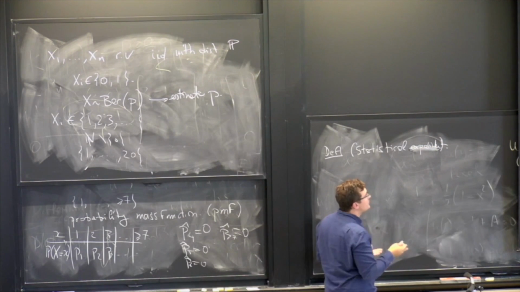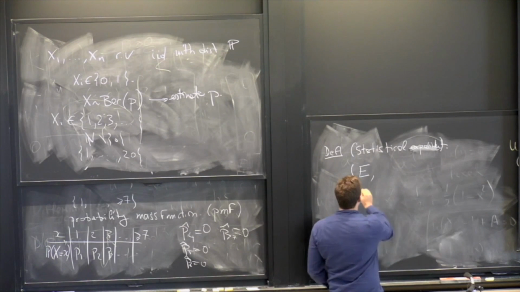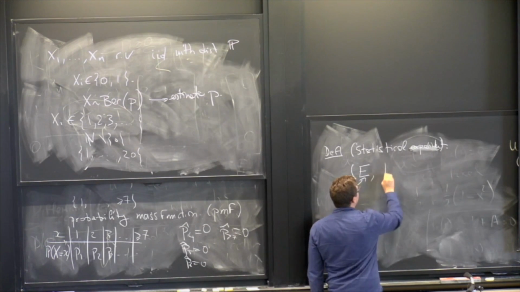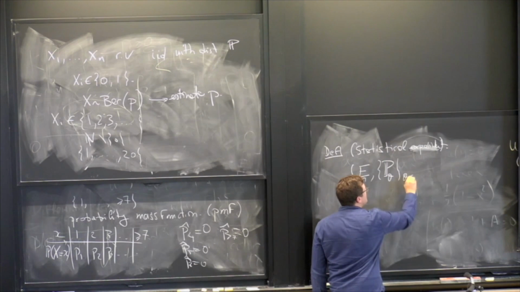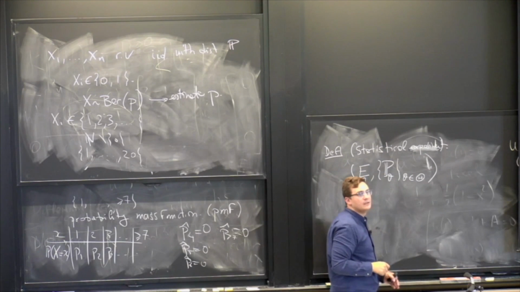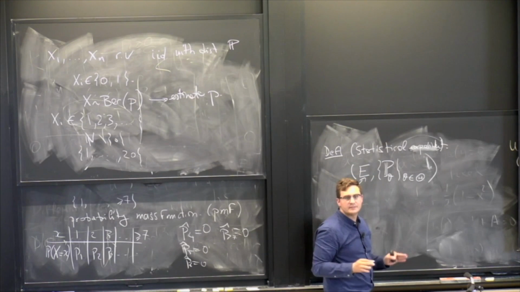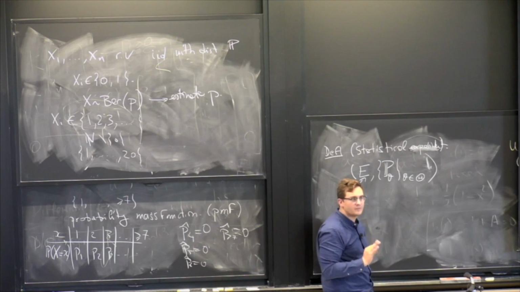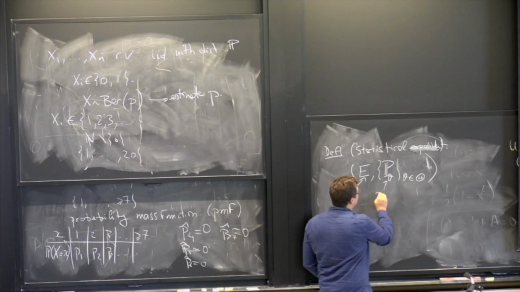Okay, so a statistical experiment is actually just a pair, E, and that's a set, and a family of distributions, P theta, where theta ranges in some set capital theta. Okay, so I hope you're up to date with your Greek letters. So it's a small theta, it's a capital theta. I know I don't have the best handwriting, so if you don't see something, just ask me. Okay, and so each of these is a probability distribution.